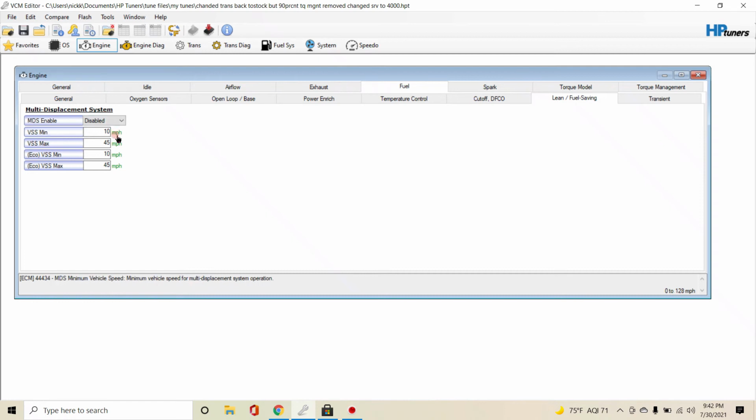Multi-displacement system where the engine, you obviously have a V8, and it cuts down to 4 cylinders.